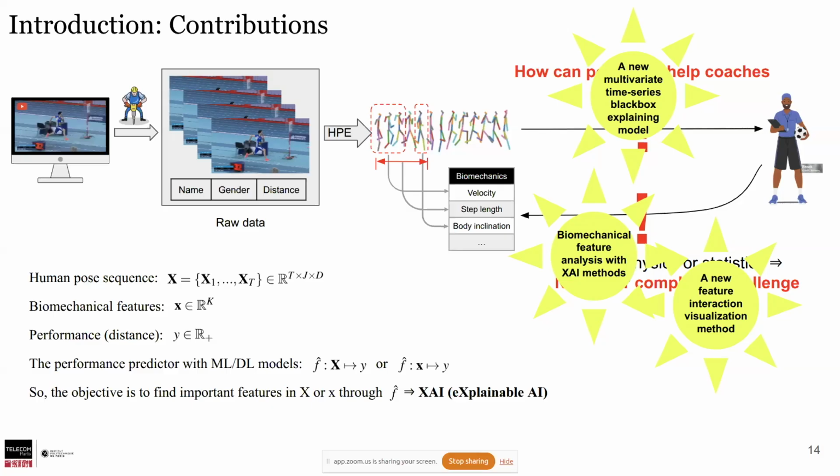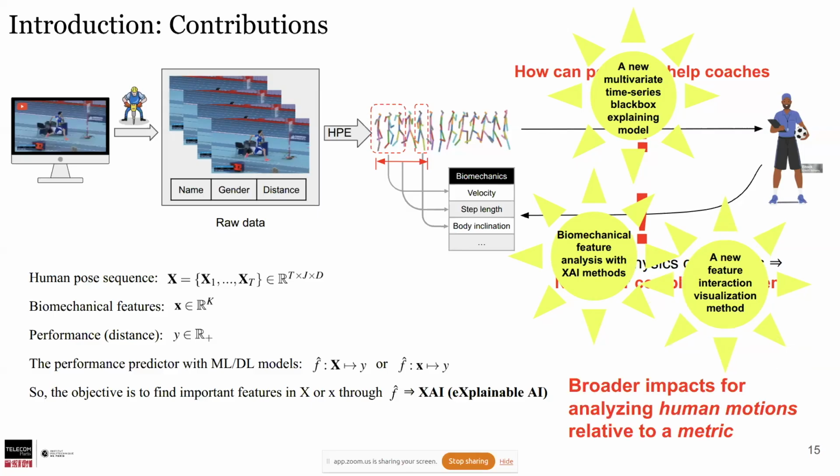Another path is that we would like to find some important patterns from the human pose sequences. In that case, we don't need to rely on expert knowledge for biomechanical features. So in this work, we proposed a new multivariate time series black box explaining model, and we find some meaningful patterns for extracting some important features.